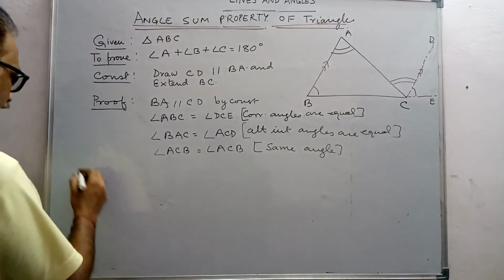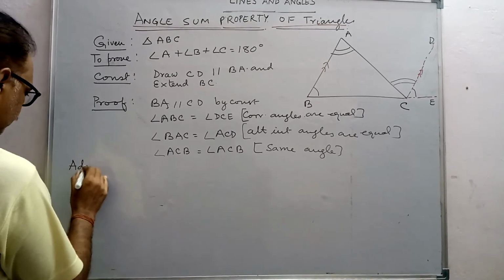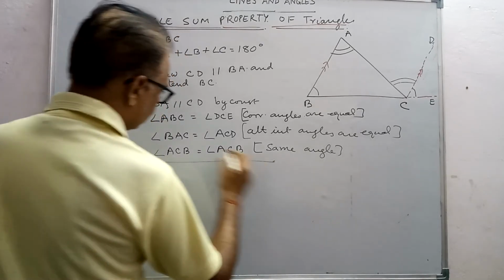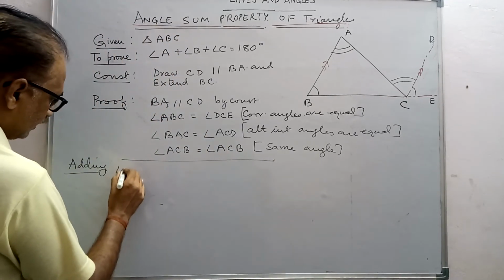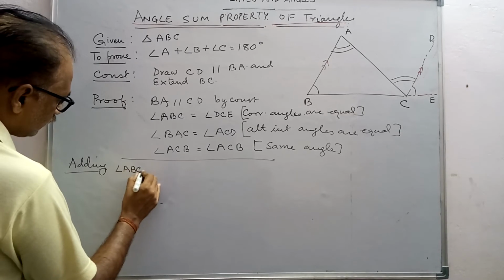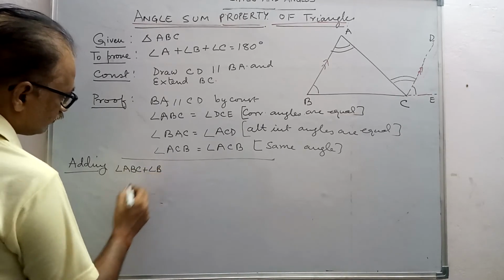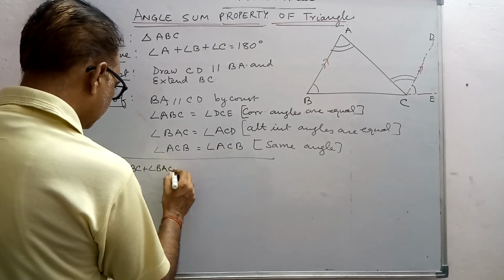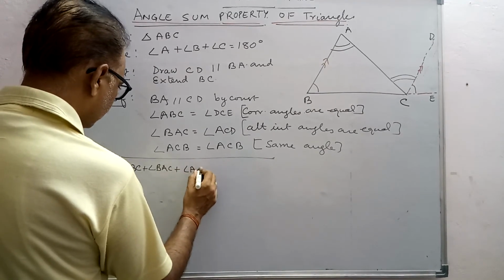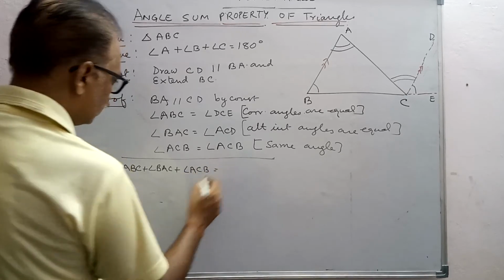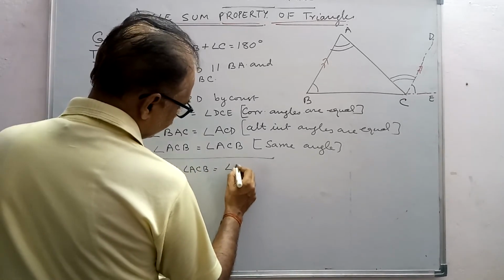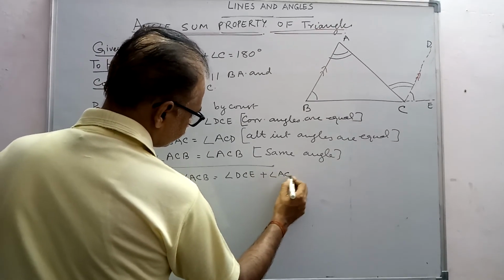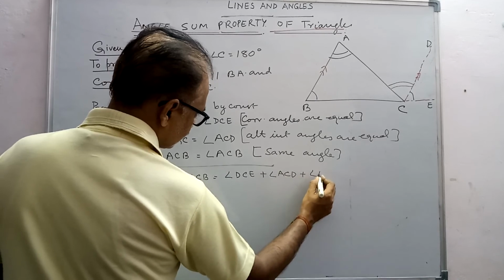So here you see, adding all three, first and second and third, all three you add. So you will get angle ABC plus angle BAC plus angle ACB is equal to angle DCE plus angle ACD plus angle ACB.